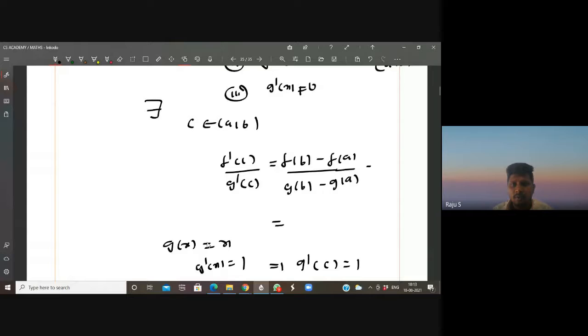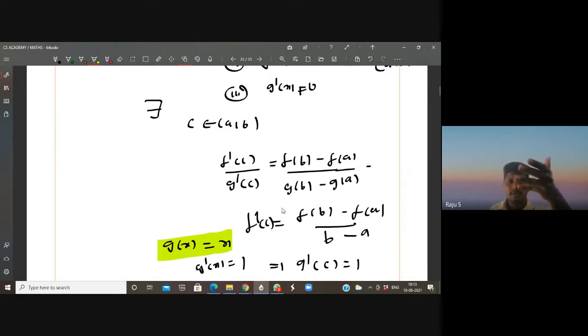So in this case, g of x is equal to x, g dash of c becomes 1. So f dash of c becomes f of b minus f of a by, g of b is b minus g of a is a. So when g of x becomes x, then Cauchy's mean value theorem becomes Lagrange's mean value theorem. That's all. Okay, right.